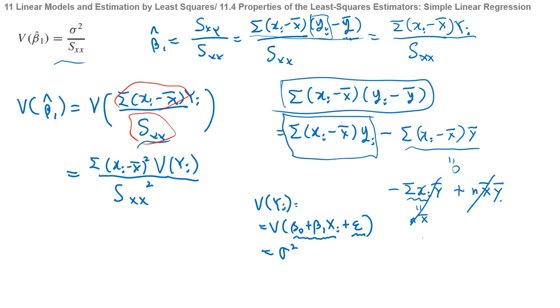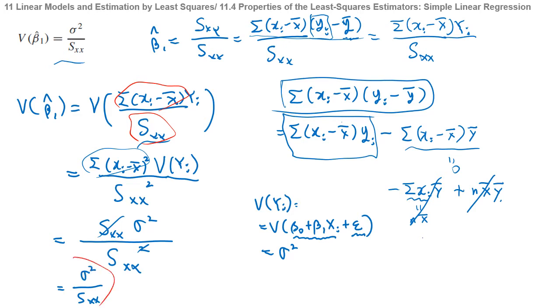So this is 1 over Sxx square, and this sum is actually Sxx, and the variance of yi is sigma square, so one Sxx cancels, and the result is sigma square over Sxx. So we derived this.